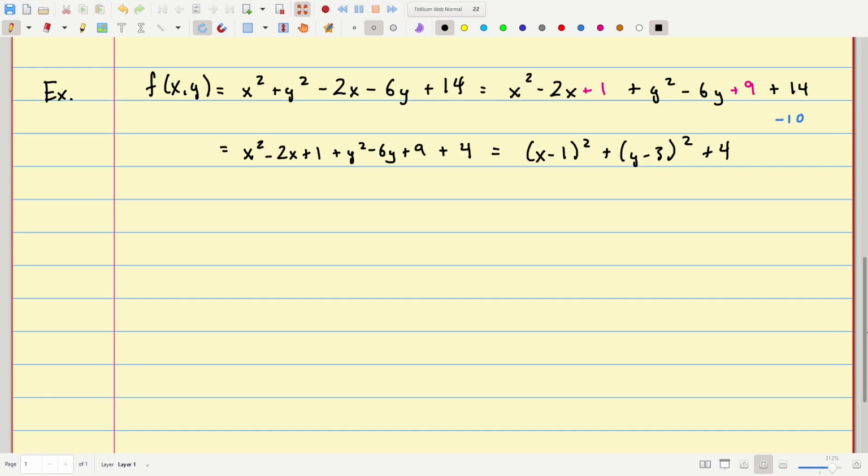Okay, so this tells us something about what's going on with our surface. And from here, we can compute the first partials.